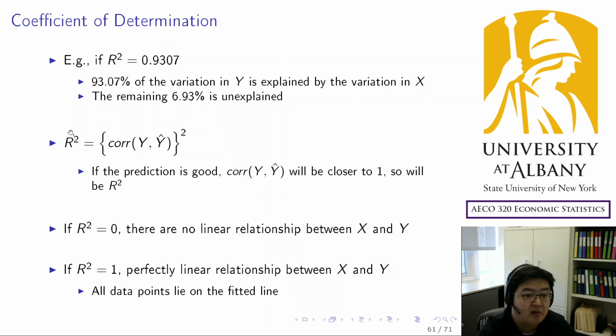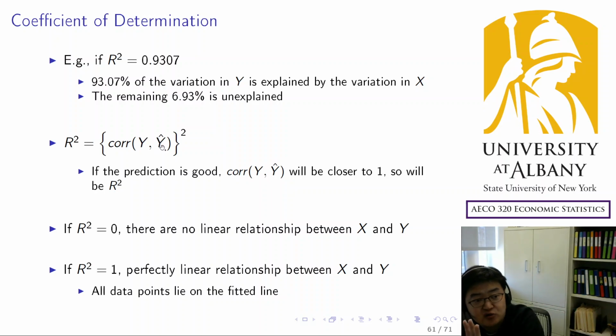The R square is related to the correlation coefficient because this is about the strength of the relationship. In particular, we can calculate the correlation coefficient between the actual observations and your predicted values.